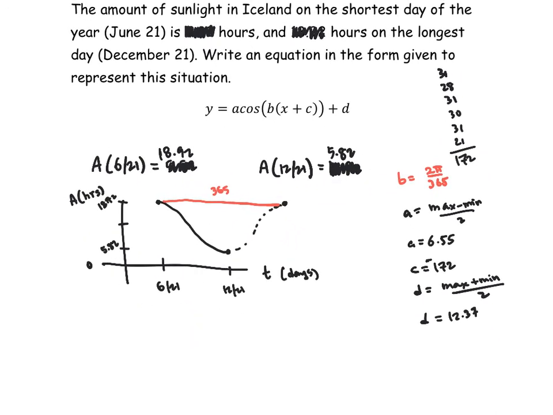Okay, so let's write an equation in the form for cosine. Y equals A cosine of B times X plus C, plus D. So Y equals A, which will be 6.55, cosine of B, which is 2 pi over 365.